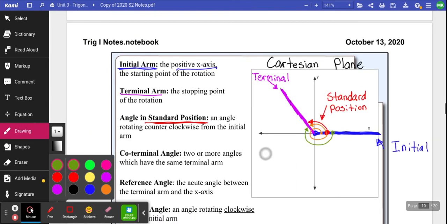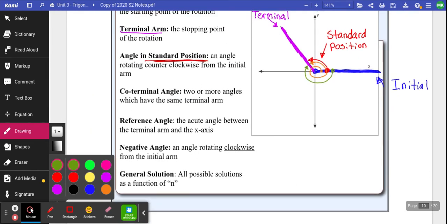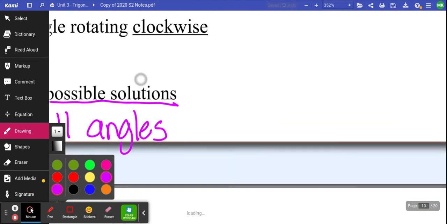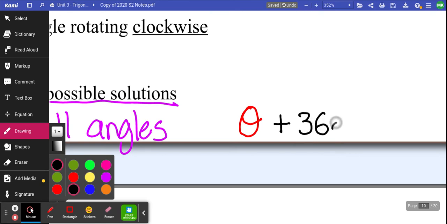That means we have something called the general solution, which is actually at the bottom. The general solution gives you all possible angles. The way we calculate the general solution is we take your standard position angle, theta, and then add 360 to whatever that angle is.